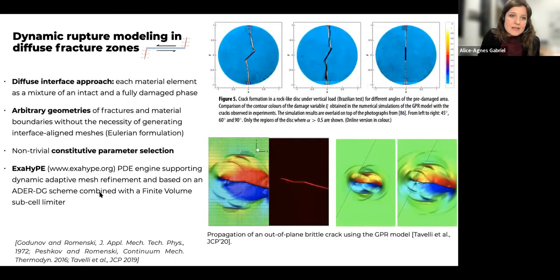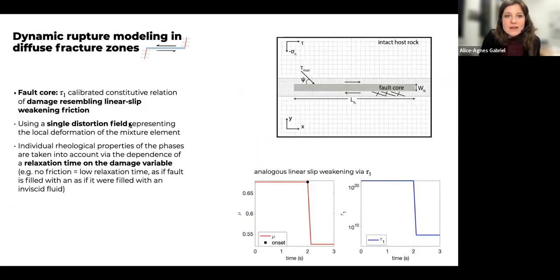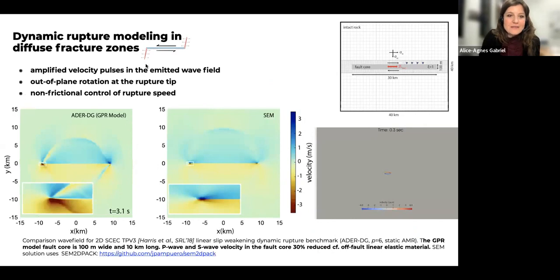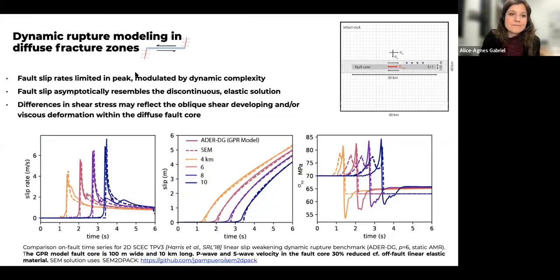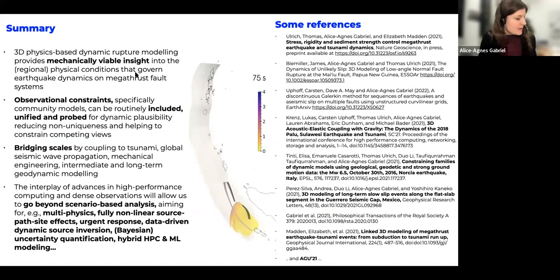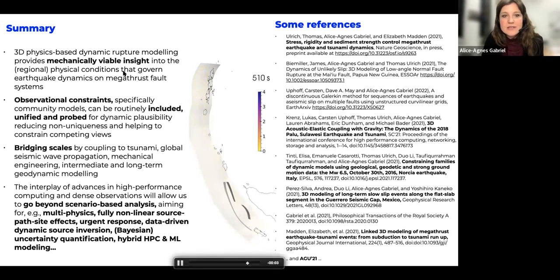Okay, and I think with this slide, I should be finished. I want to summarize that I showed 3D physics-based dynamic rupture models that provide mechanically viable insight into physical conditions that govern earthquake dynamics, for example, the challenge in terms of scales on megathrust fault systems for large earthquakes.